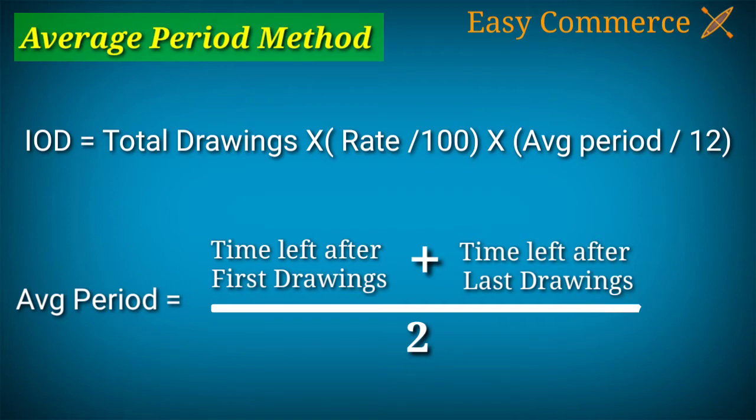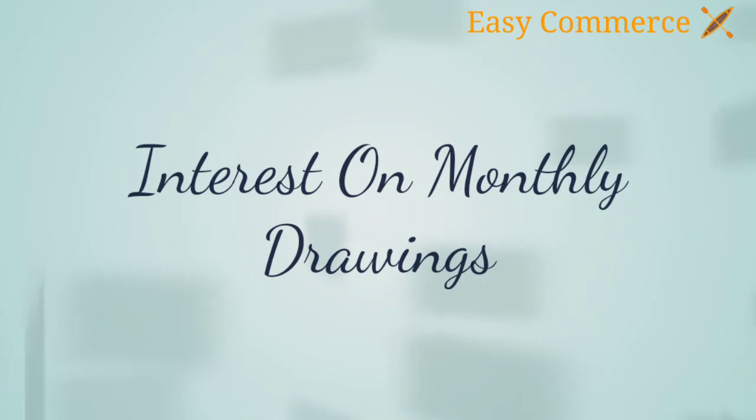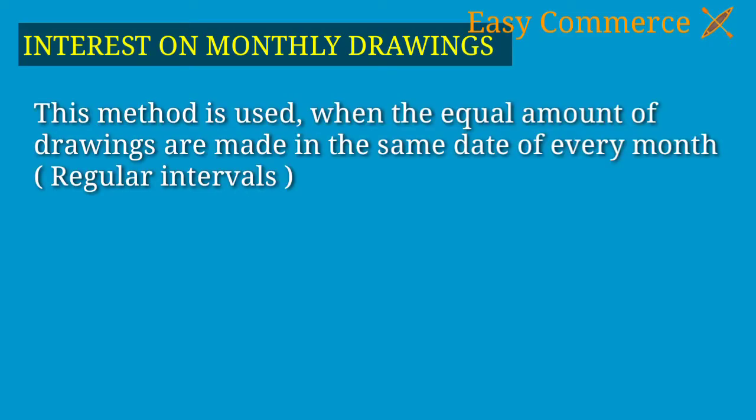Next, we can learn how to calculate interest on drawings when the withdrawals are of equal amount and made at regular intervals on the monthly basis throughout the year. This method is used when the drawings are made on a regular basis.